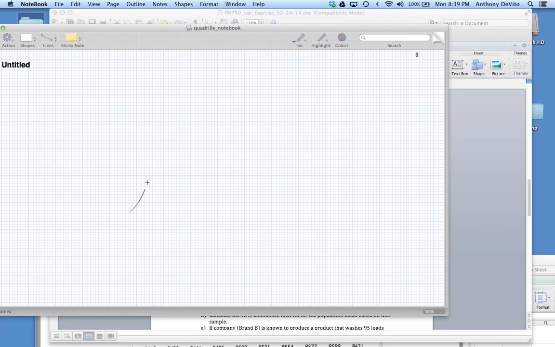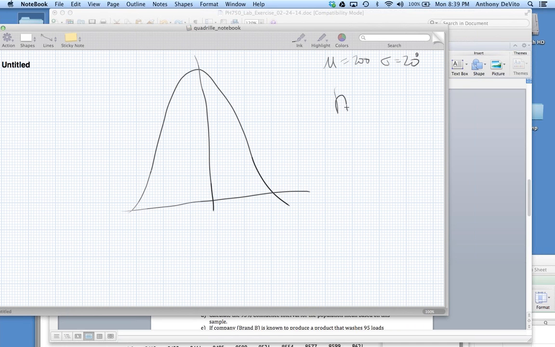Okay, what if instead of, remember the population, this is based on μ = 200 and sigma is equal to 20, right? What if, and again, we take a sample. Let's say this time we take a sample of 100, right? So this time sample size is 100. The mean of the distribution of sample means is the same, so it's still 200.